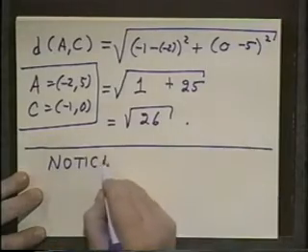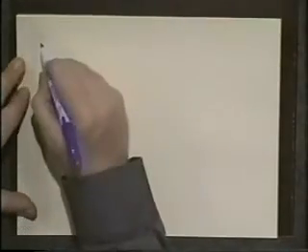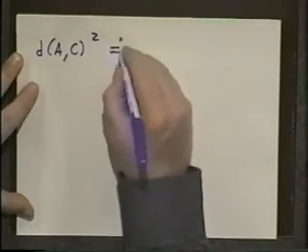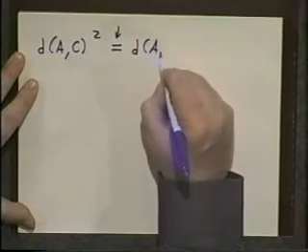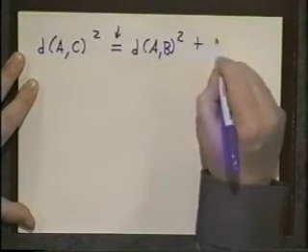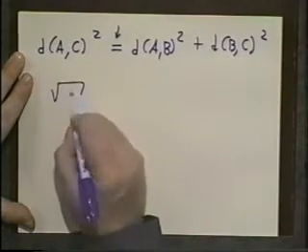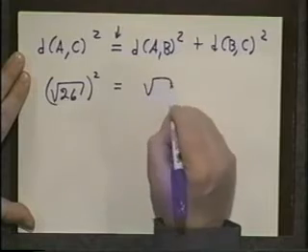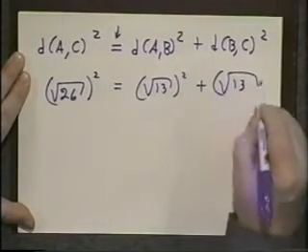Notice the following. If you take the distance from A to C squared, I claim that that's equal to the distance from A to B squared plus the distance from B to C squared. And if you remember what those numbers were, this is the square root of 26 squared equals the square root of 13 squared plus the square root of 13 squared.